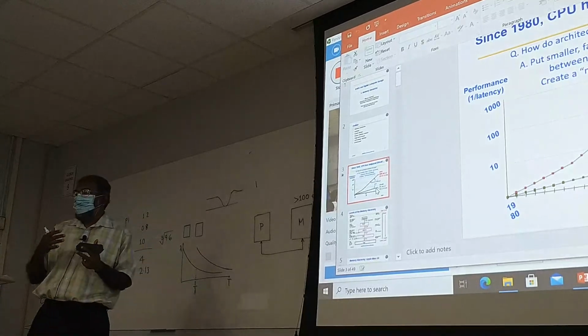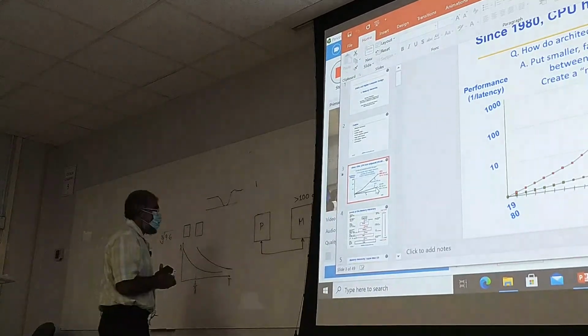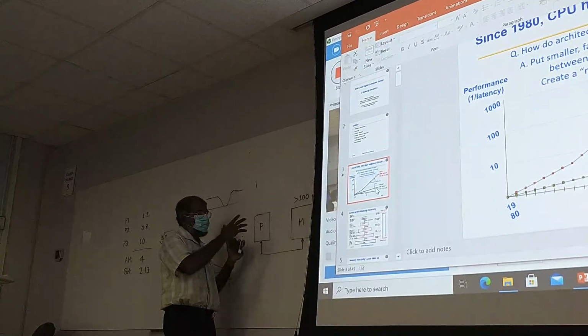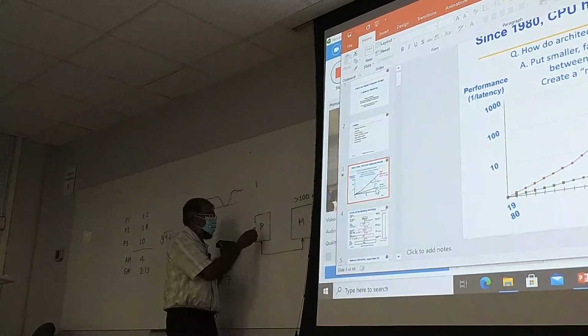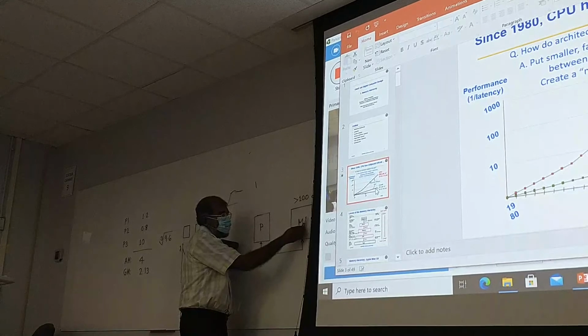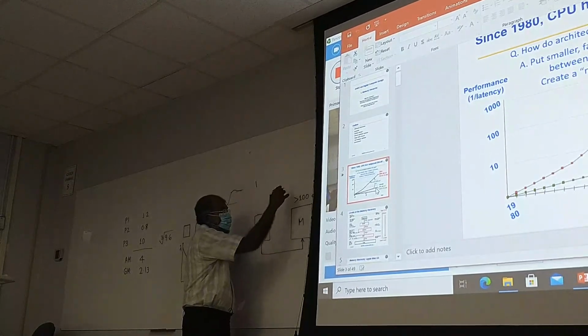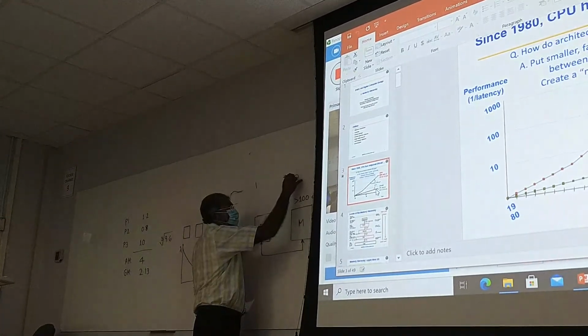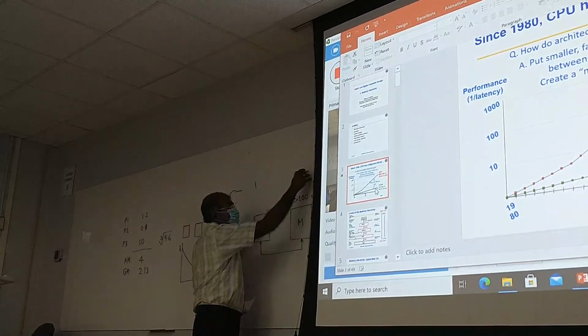Instead, it is done differently. Processing and storage, everything is happening together. So somehow try to do processing here. So it's called PIM, processing in memory.